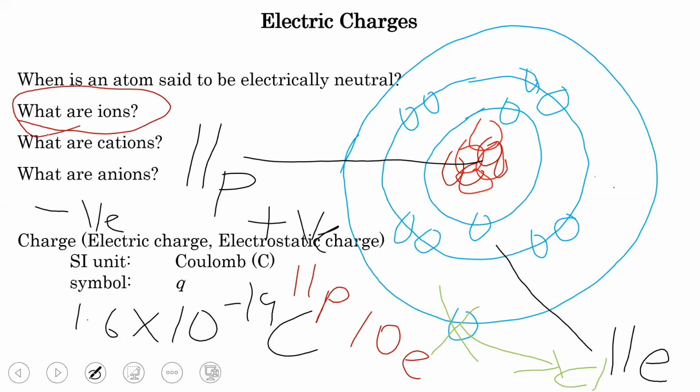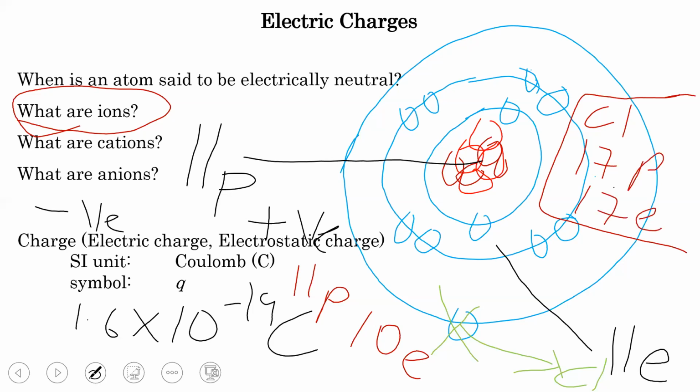So the chlorine as well, let me take one corner here for chlorine. Chlorine had 17 protons, 17 electrons originally.